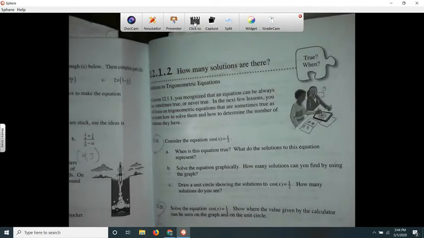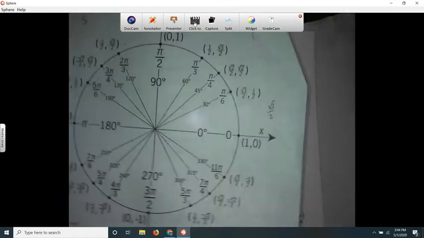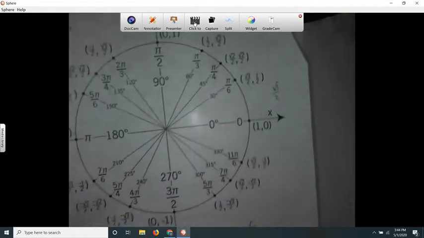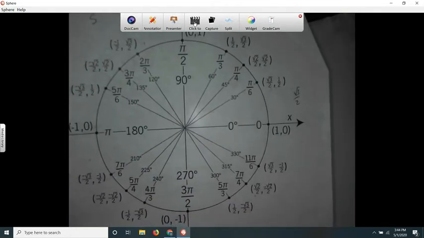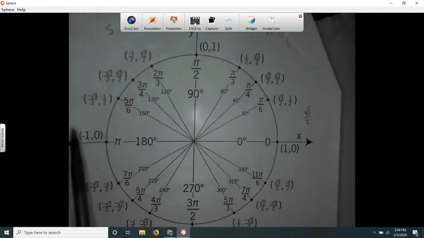Draw a unit circle showing the solutions. How many solutions do you see? You can draw one, but I happen to have one sitting right here. When you draw the unit circle, the places where cosine is a half, there are other halves around here, but they're negative.